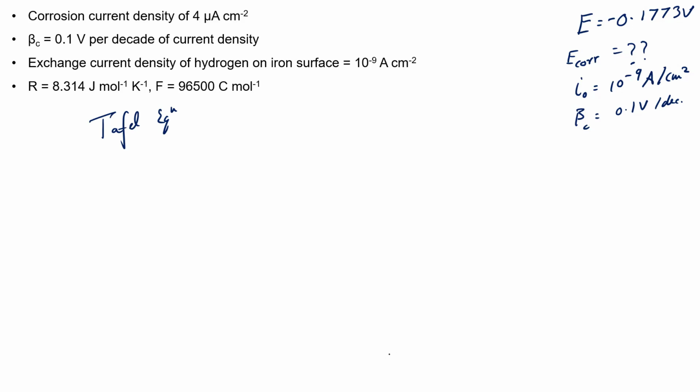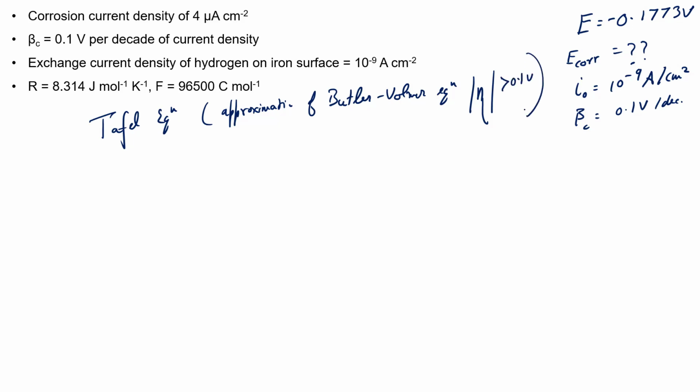Tafel equation is nothing but the approximation of the Butler-Volmer equation when the overpotential magnitude is more than 0.1 volt. Okay. So this is a special case of the Butler-Volmer equation.